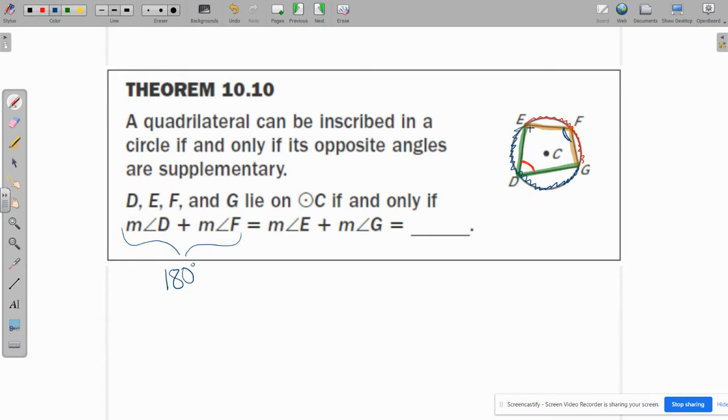Just like the opposite angles E and G, those should also add up to 180 degrees. So that's what we call supplementary. So again, opposite angles for the inscribed quadrilateral are supplementary.